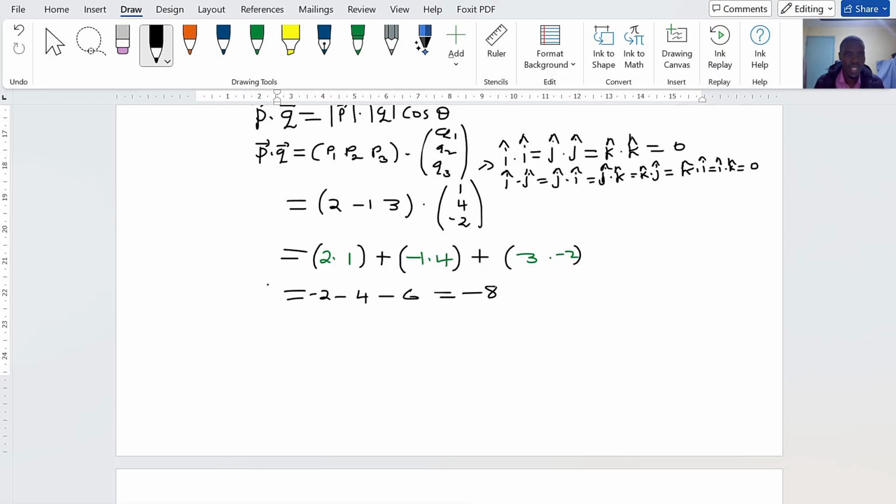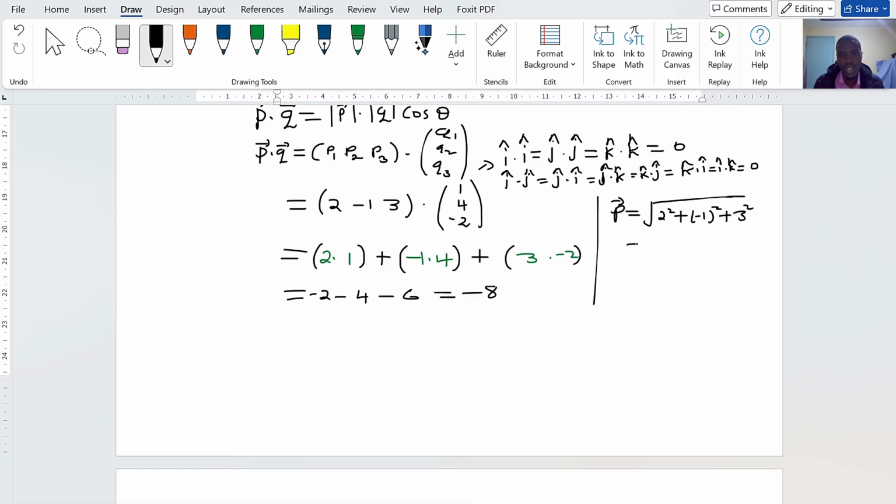Now we go to our first definition. -8 is the dot product of these two vectors. Oh, we need to get the magnitude first before we can divide. So the magnitude of P is the square root of x squared for P, which is 2 squared, plus y squared, which is -1 squared, plus z squared, which is 3 squared.